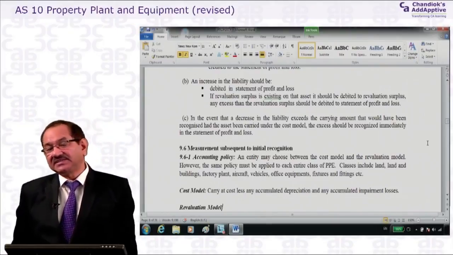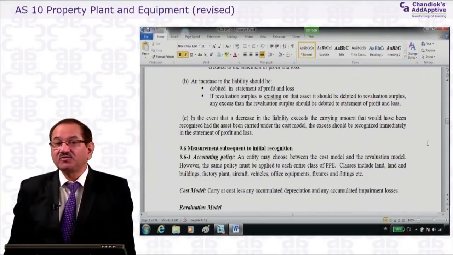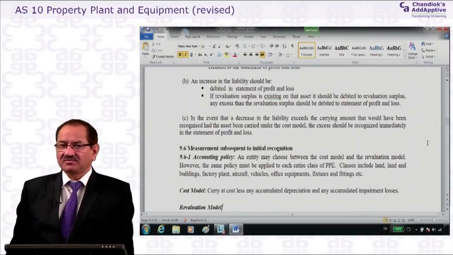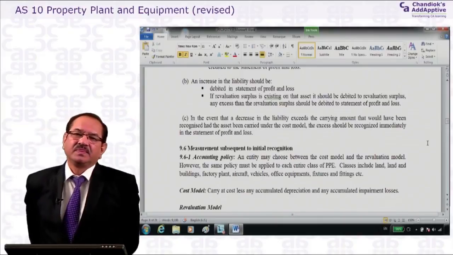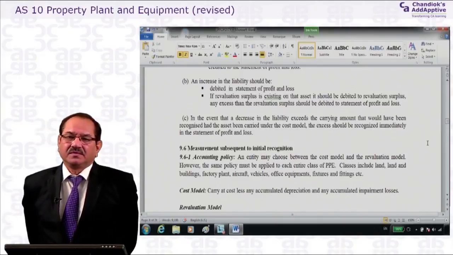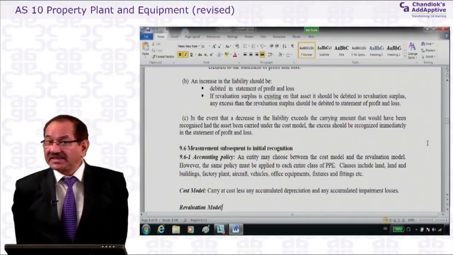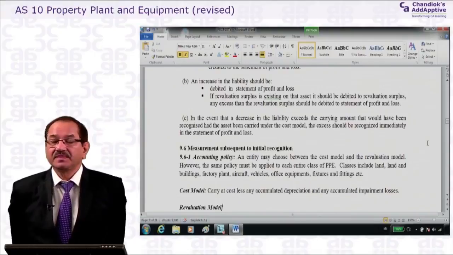The management can decide the accounting policy whether this plant and machinery is to be carried at cost or to be carried at revalued amount, which is somewhat a fair value. So that is the decision which has to be taken on 31st March 2017.